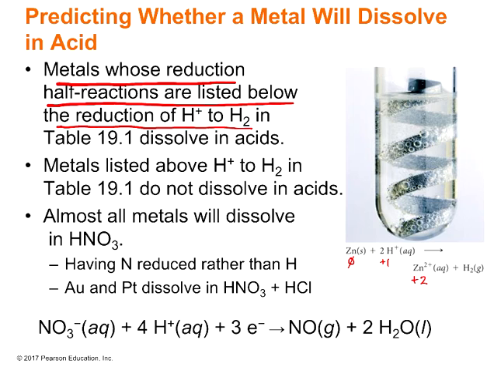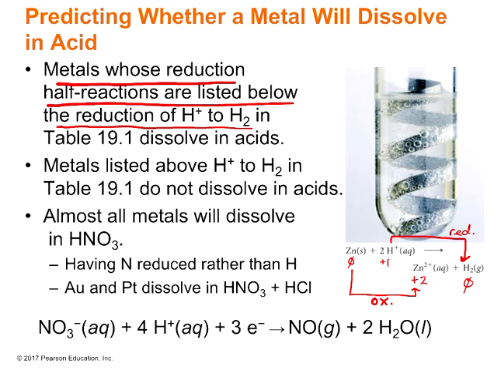Hydrogen gas is one of the other products, and that will be pure, so it has an oxidation number of 0. So zinc is losing electrons, so it is oxidized. And hydrogen, as we said before, is being reduced.